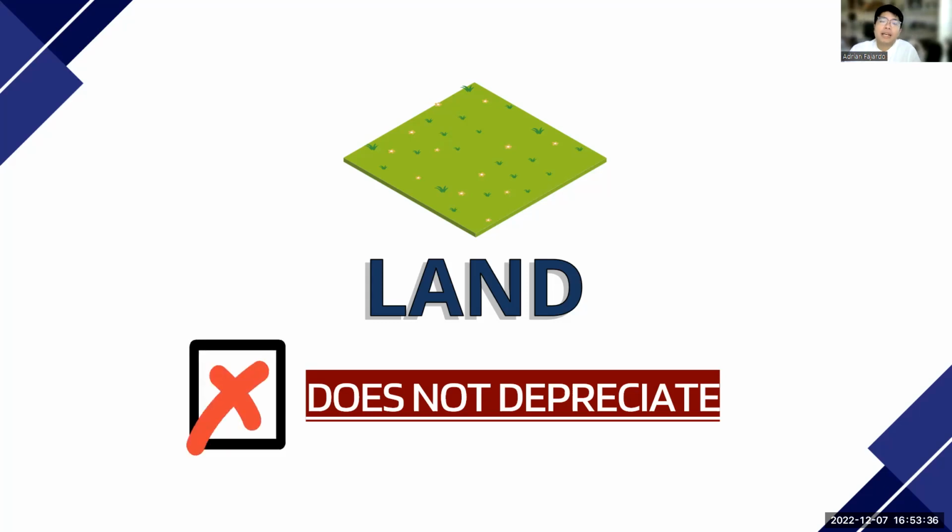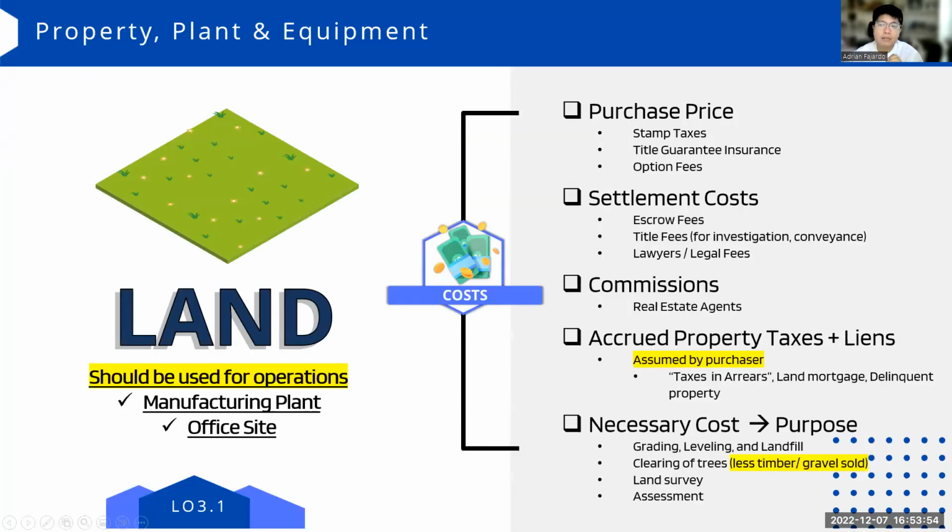Meaning, if you buy land now at like 7 million, next year the value of land will appreciate. And therefore, one of the key things that I want you to remember is that land does not depreciate. So that's basically land. Again, please master all of the costs associated with land.